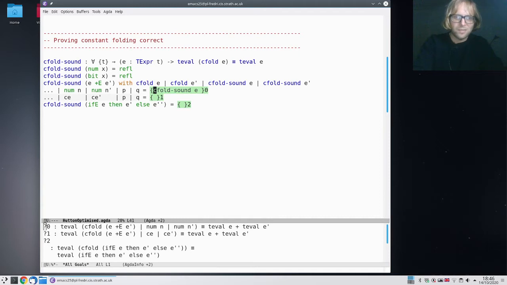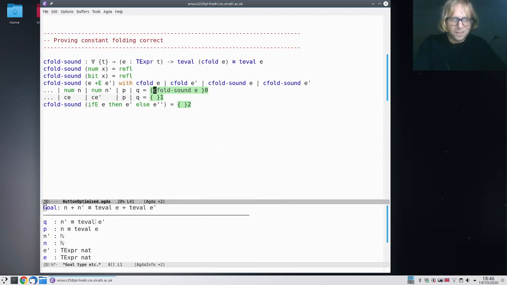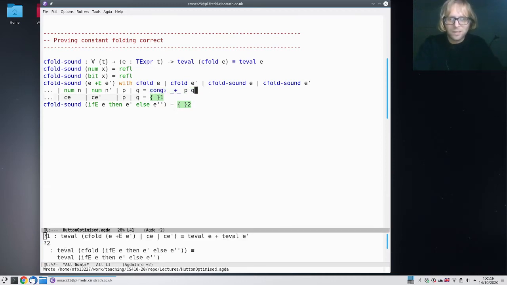Okay, and I look again at what I have, and I see that now I have this connection that p says n equals t eval of e and q says n prime is t eval of e prime, which is exactly what I need in order to finish this goal, right? So now this is a cong2 of plus and p and q, I believe, yes.